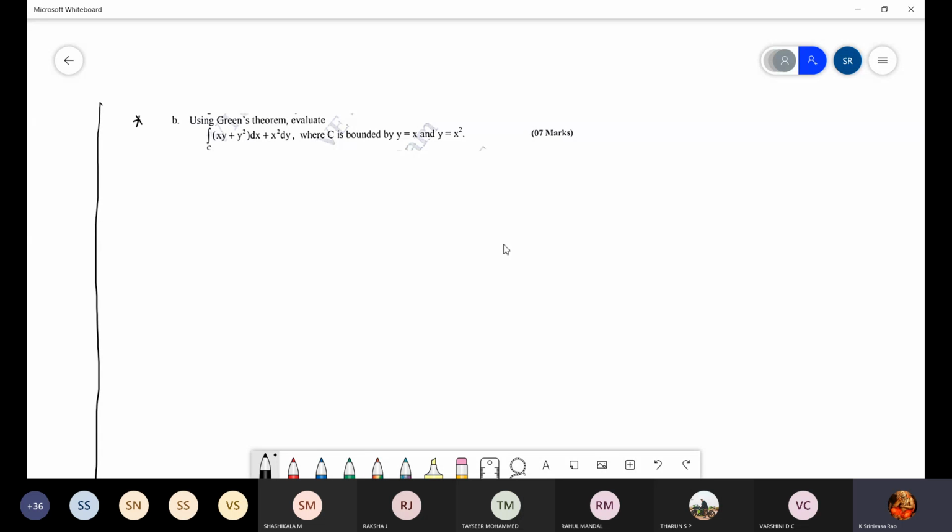If you know the diagram of these two equations, you can analyze and substitute the limits.